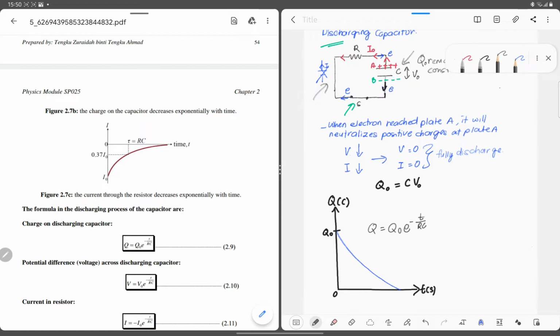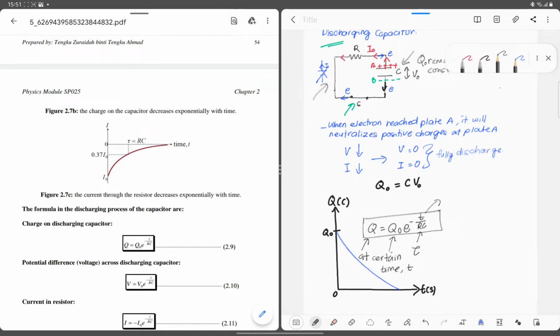The t here is referring to t at a certain time. RC is the tau. And Q naught is the maximum charge, total charge. And Q here is Q at a certain time t.